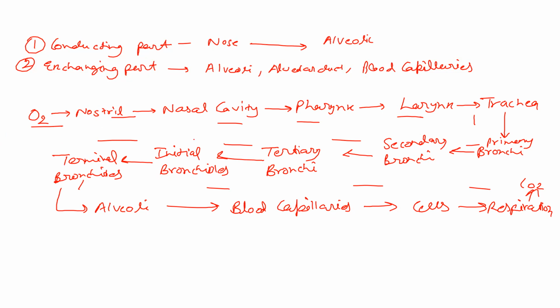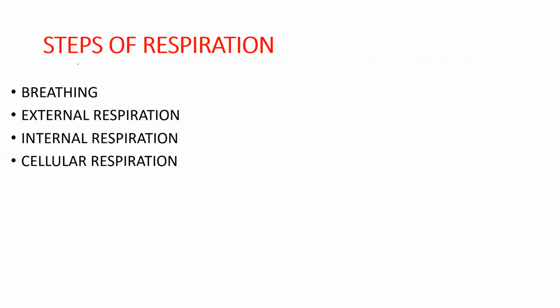Understood? Now, there are 4 steps of respiration. First is breathing. Okay, breathing has 2 parts: inhale and exhale. Okay, inhale from nose to alveoli. Exhale is also from alveoli to nose. What is inhaled? Oxygen from nose to alveoli, and exhale CO2 from alveoli to nose.